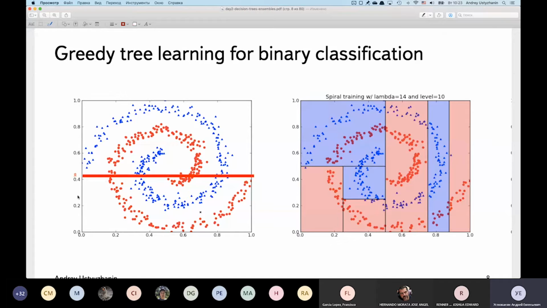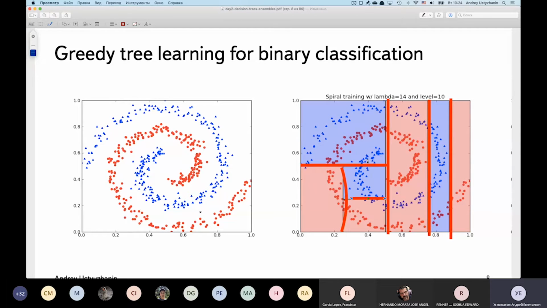The algorithm made an initial split here, so it was the initial split. Then probably decided to make a split here. Then maybe decided to make a split here, and then here, then it goes here and here.